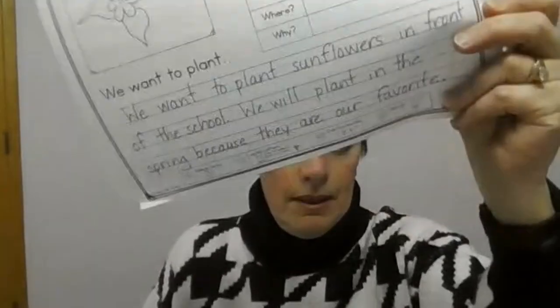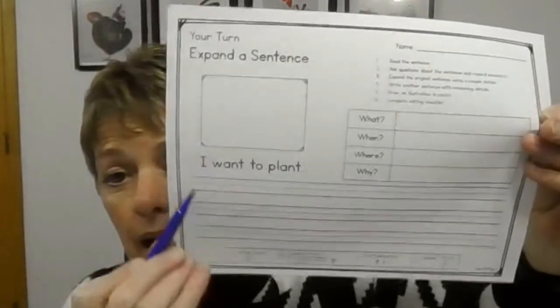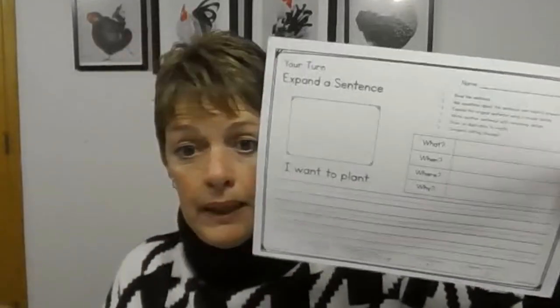The important part now is you are going to rip off that one, and it's now your turn. Your turn to do one that says, I want to plant. So probably you'll come up with some new ideas of your when, what, where, and why.